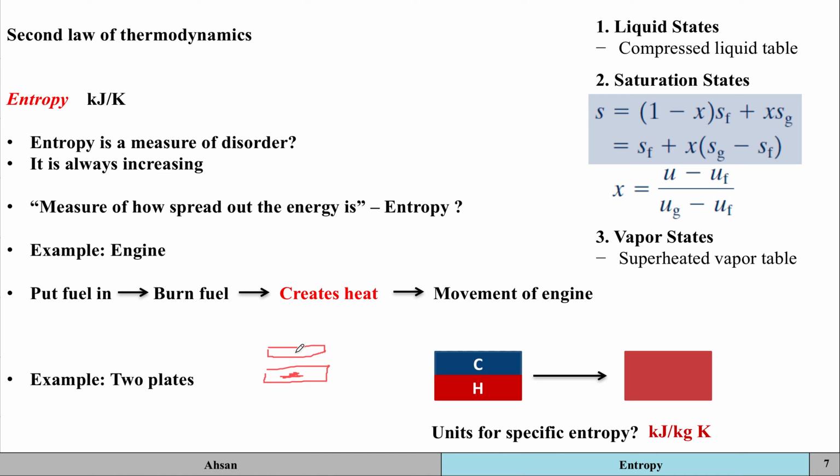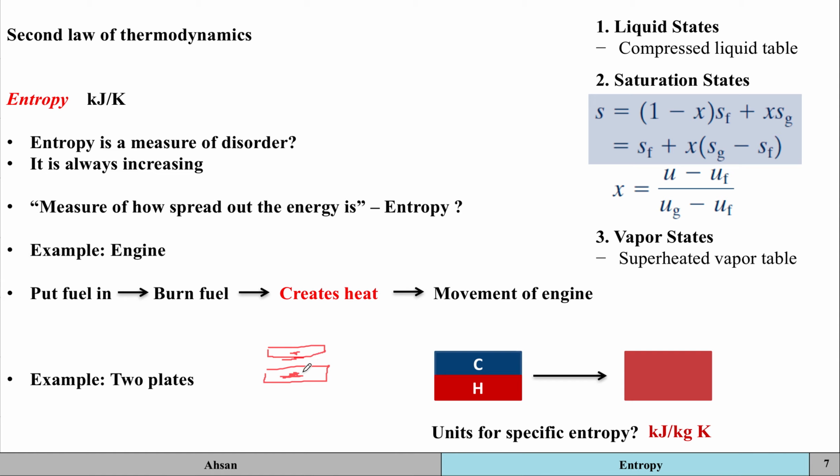This cooler plate heats up because of the hotter air next to it, okay? And then because this is heating up now, it's going to start a process where it creates movement, and then it's going to move the shaft, and the engine is going to start moving, right? So that is how an engine works: you need a difference in temperature.